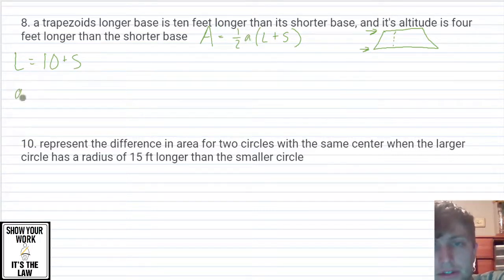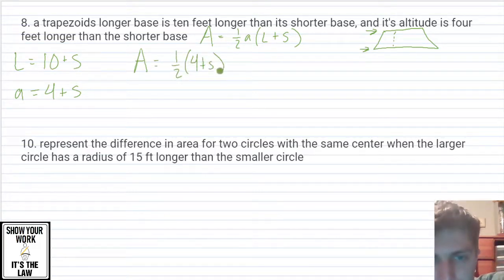The altitude is 4 feet more than the shorter. All right, great. So now we can rewrite everything in terms of s. So let's go ahead and substitute everything. A equals 1/2. The altitude equals 4 plus s. And the longer base equals 10 plus s.